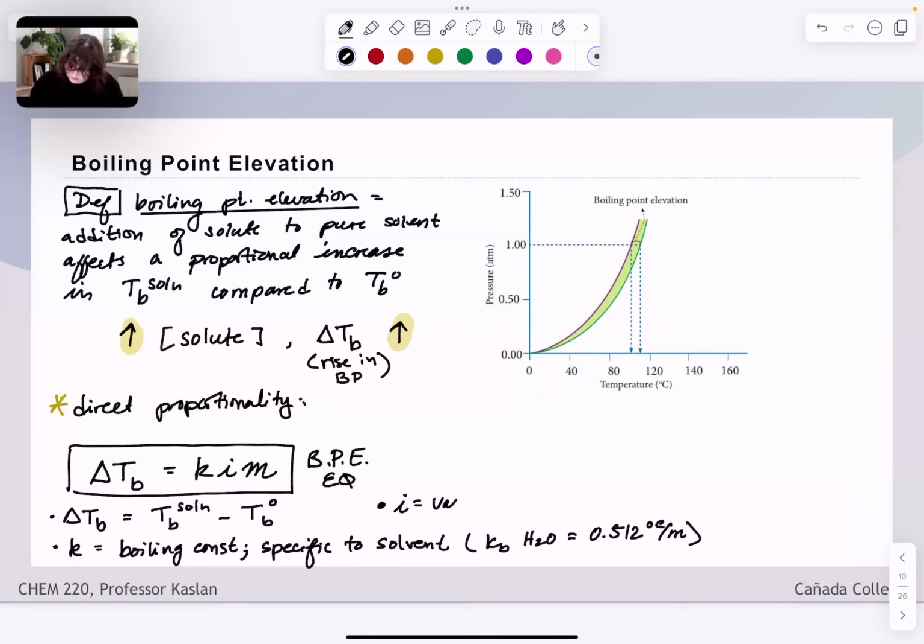i is our van't Hoff factor, which, as discussed in lab, tells us the actual number of particles that one molecule of solute contributes to solution.